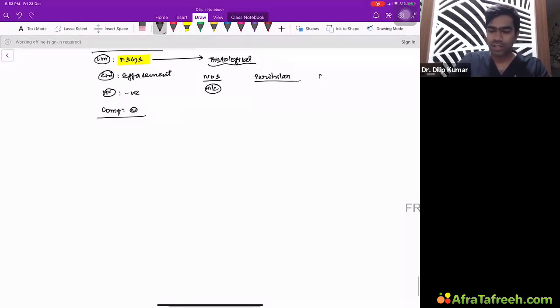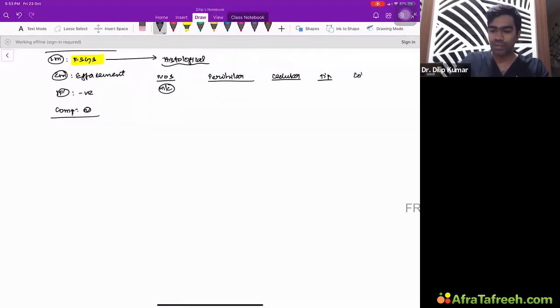Then we have a cellular variant of FSGS. Then we have a tip variant of FSGS. Then we have a collapsing type of FSGS. Usually, this perihilar type will be of adaptive type of FSGS.